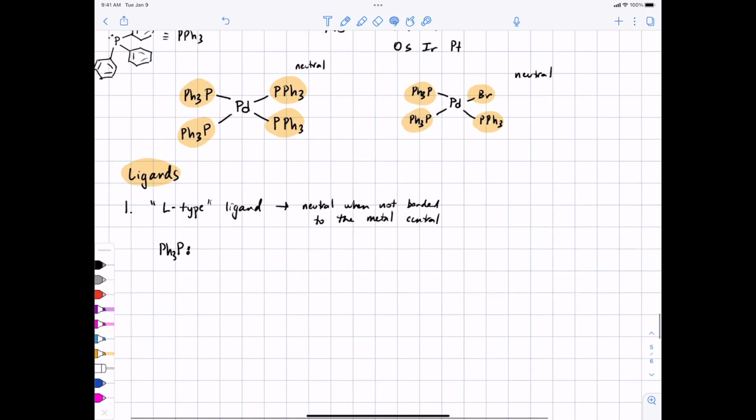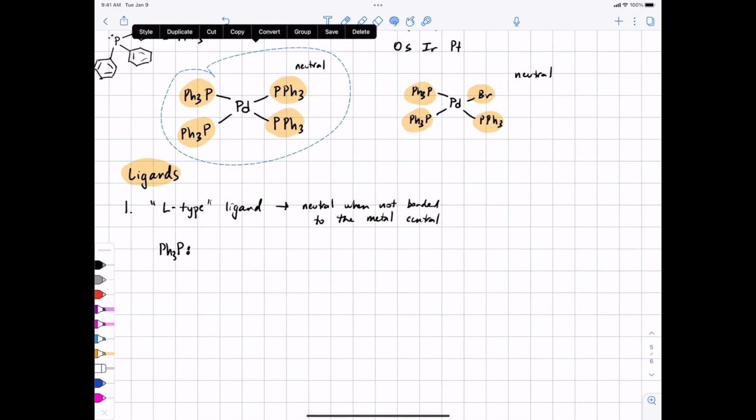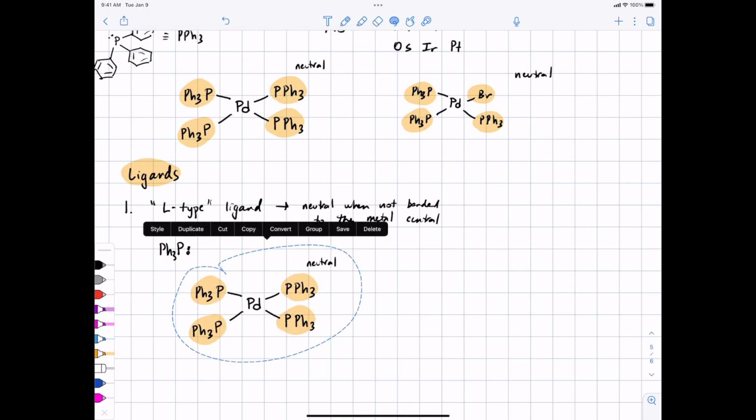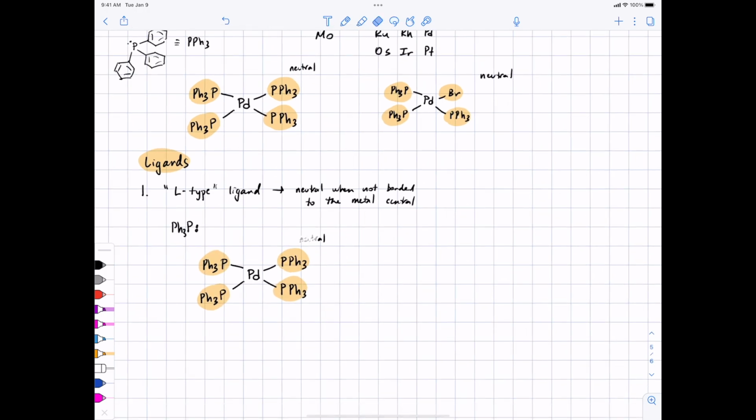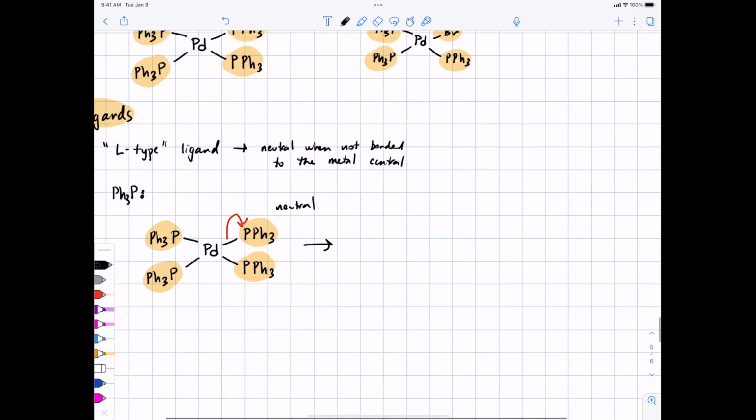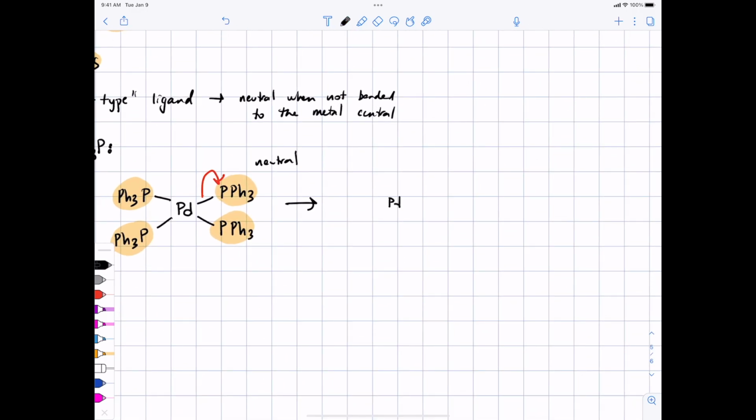So here's an example of an L-type ligand leaving a transition metal complex. The complex as it started was neutral.